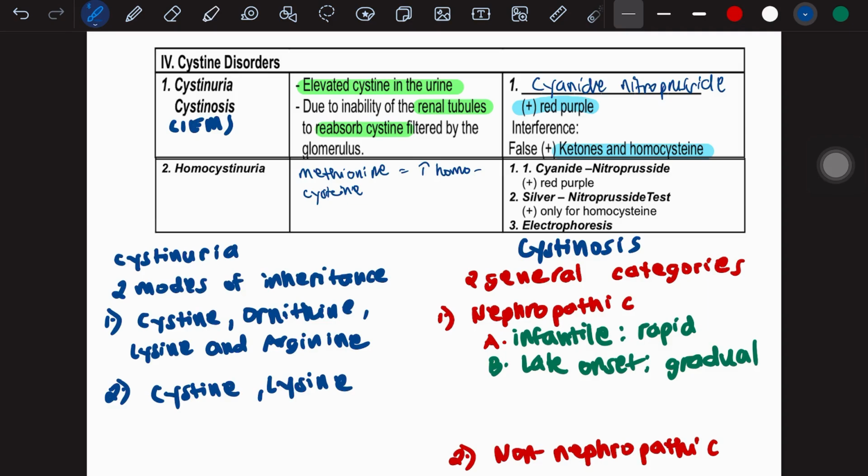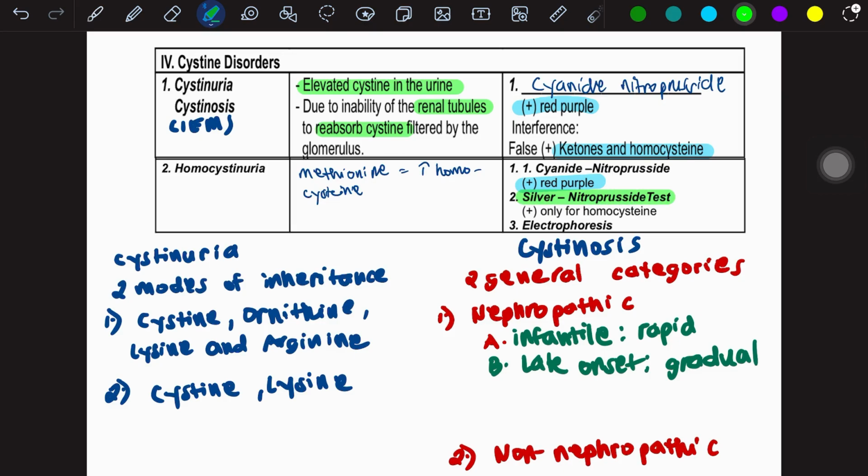So these are the methods of testing for homocystinuria. As you can recall, it is also positive with cyanide nitroprusside, and the positive result is red purple. So since it is positive here, an additional screening test is performed, which is your silver nitroprusside.